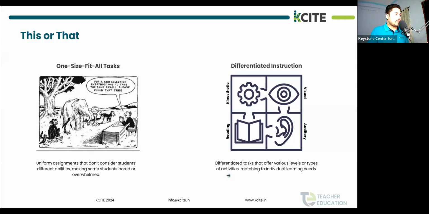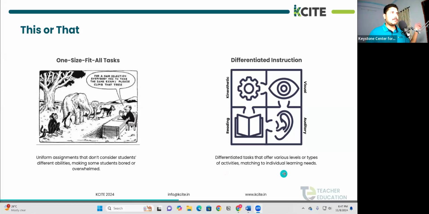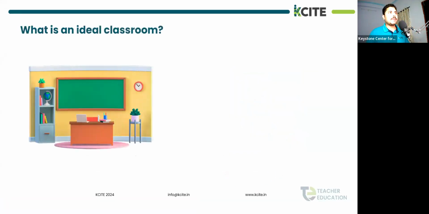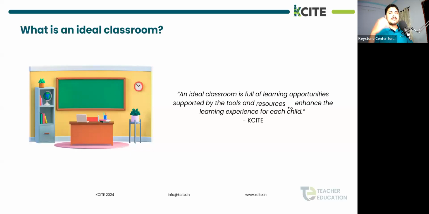Okay. After this, whatever we have been talking about and understanding right from the beginning, this is the definition of an ideal classroom, wherever the classroom is, whatever the furniture is, however the space is. An ideal classroom is full of learning opportunities, supported by the tools and resources to enhance the learning experience for each child.